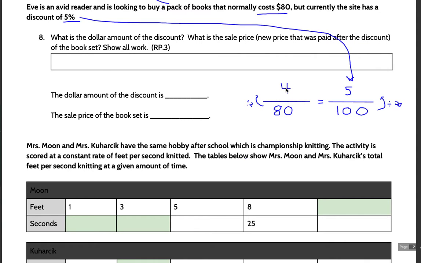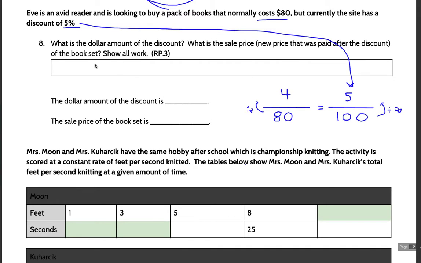Or an even easier way would be, remember we talked about finding 10% of a number, and so if you have 80, 10% of that is 8, because you would just take the decimal and move it to the left. So 8 is 10%.